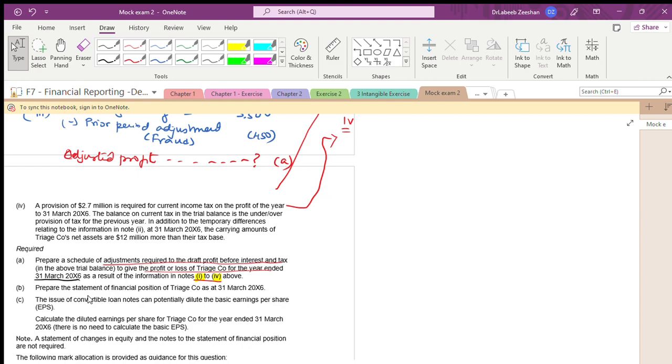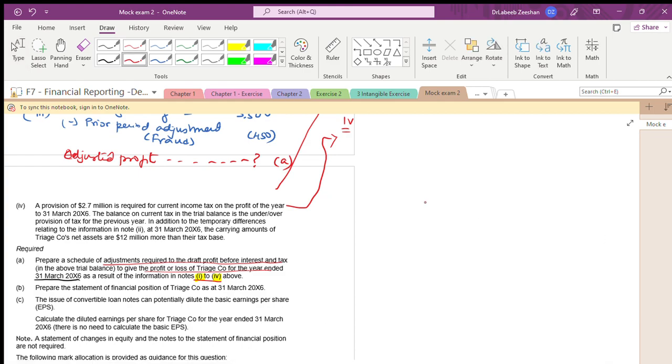The balance on the current tax in the trial balance is an under or over provision of tax for the previous year. In addition to the temporary difference relating to the information in note 2, at 31st March 2006 the carrying amount of net assets is how much? 12 million.